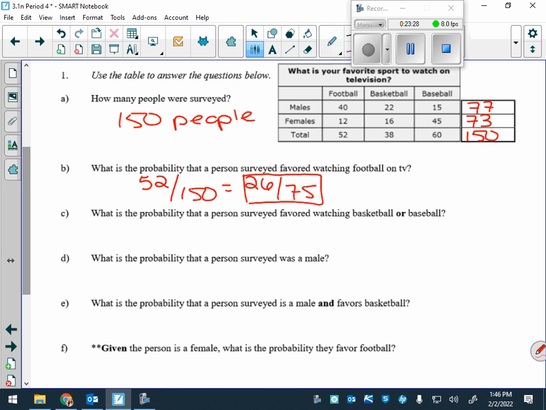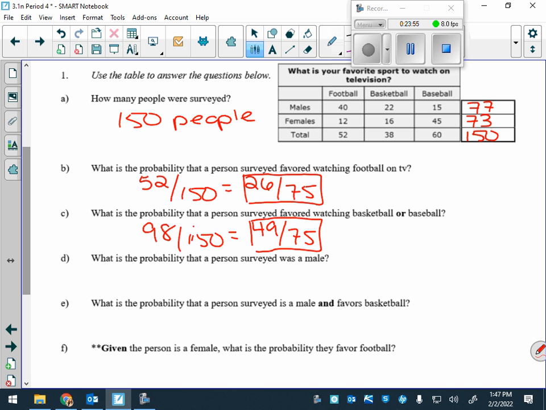What is the probability that a person surveyed favored watching basketball or baseball? Grace. Excellent. 98 over 150 ends up being 49 out of 75.